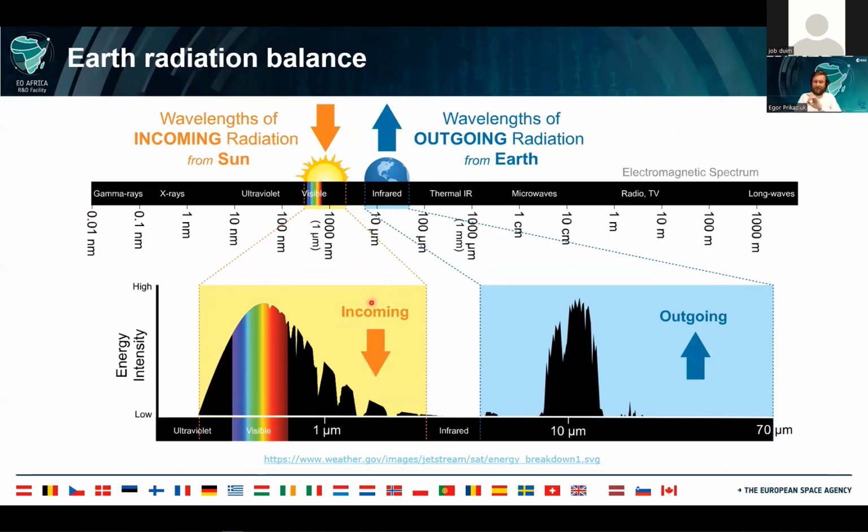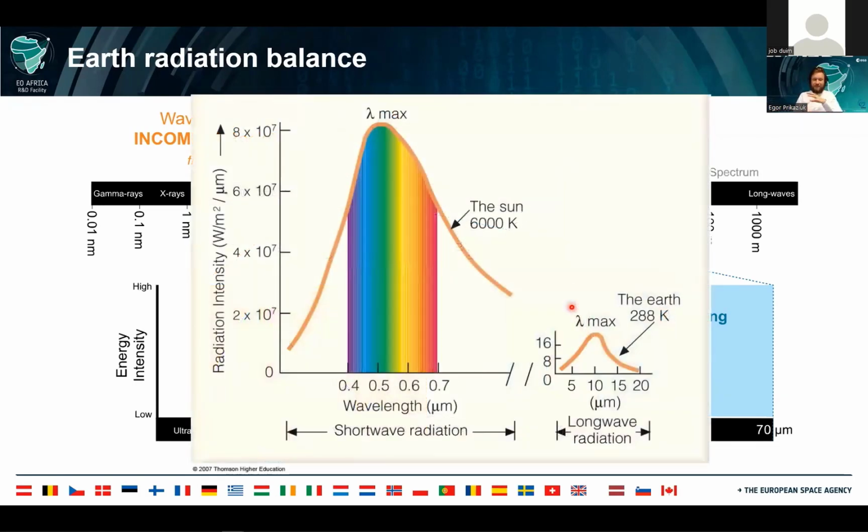Just so you don't get deceived by this interpretation, the energies are of course not equal, because the sun is much warmer than the Earth. That's why its energy is almost 1 billion times higher than the energy of the Earth.